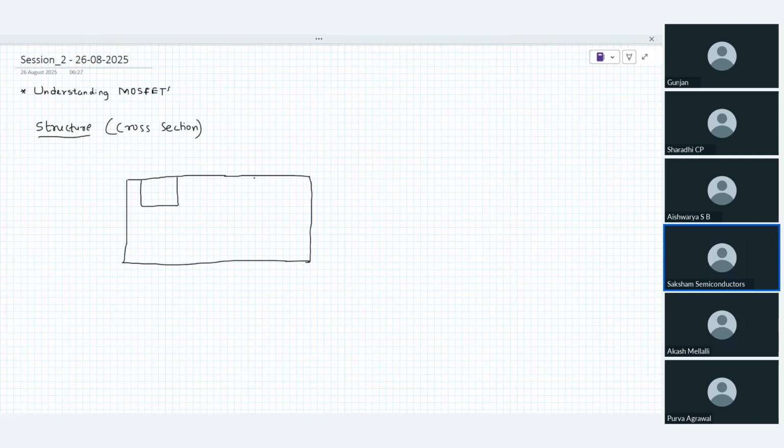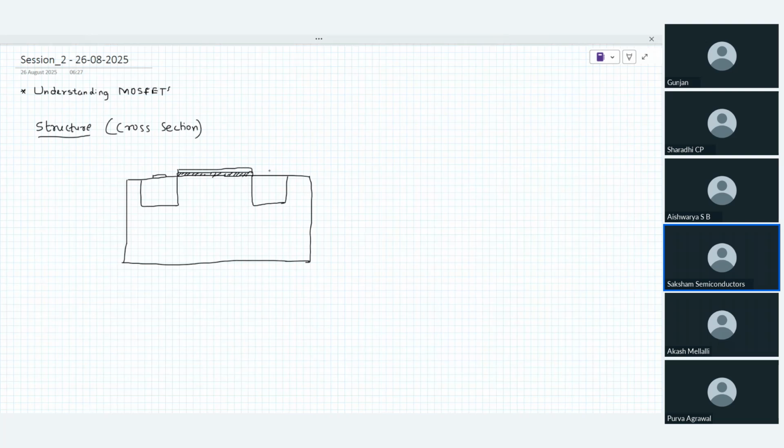The MOSFET usually, these are your planar MOSFETs. So you will usually see something like this, where you have two trenches over here, which we usually call a well in MOSFET technology, and then you have some sort of connections.